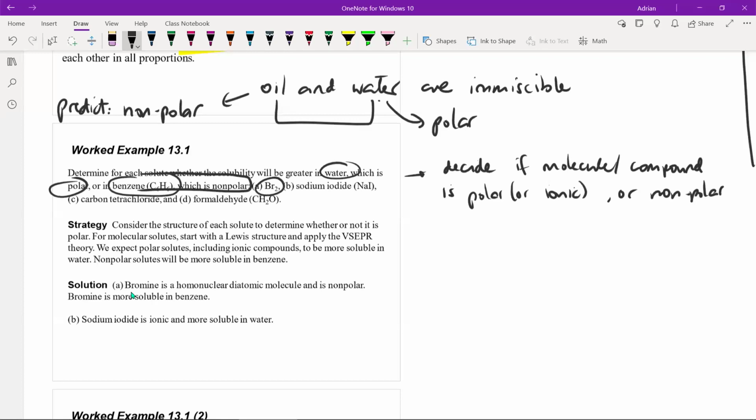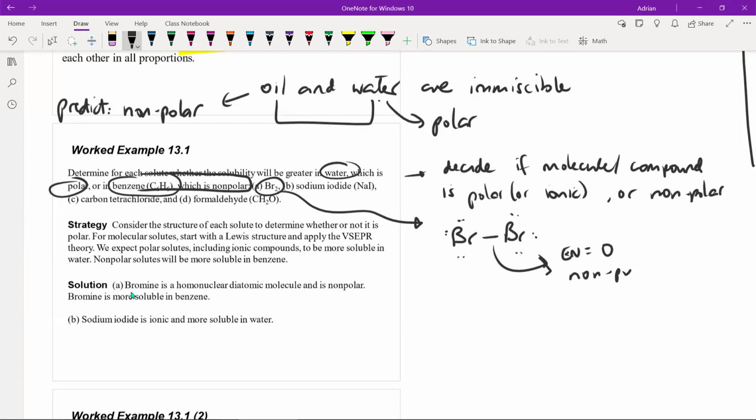So if we look at Br2, if I draw the Lewis structure for Br2, I know that there's one covalent bond here. It's connecting two bromines that have the same electronegativities. So that means their electronegativity difference here is going to be 0. And there's only one bond. That's a non-polar bond.